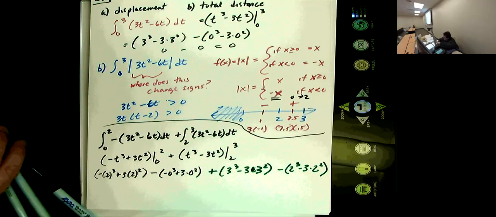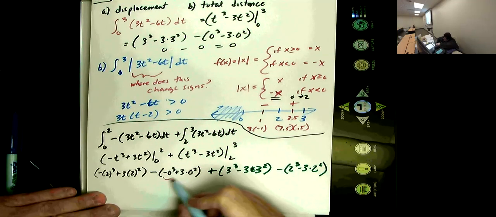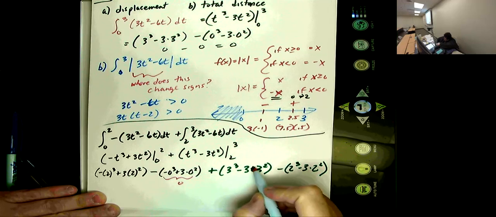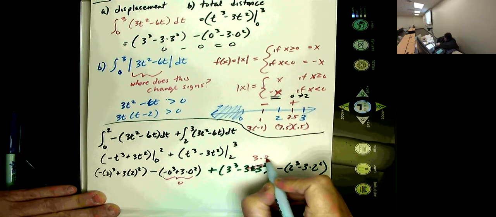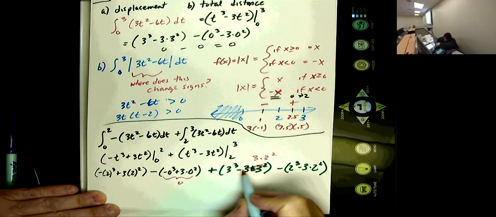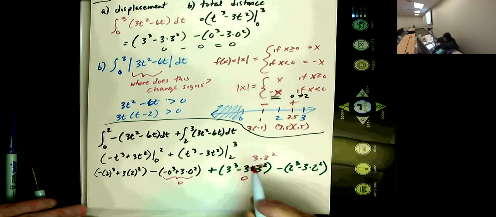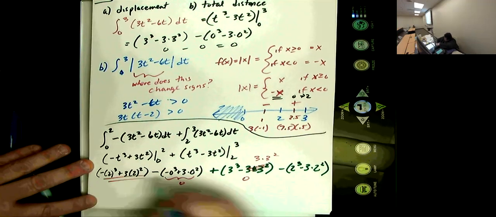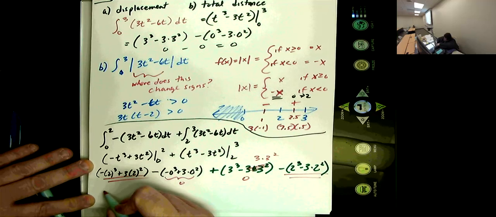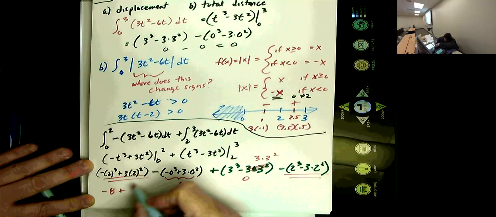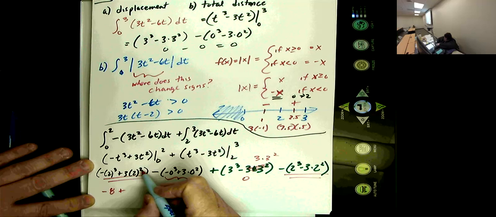Okay, so this was 0, and this is 0. That should say 3 times 3 squared. So that ends up being 3 cubed minus 3 cubed. This is 0. The only two that really matter are these two. This is negative 8 plus 2 squared is 4. 4 times 3 is 12.